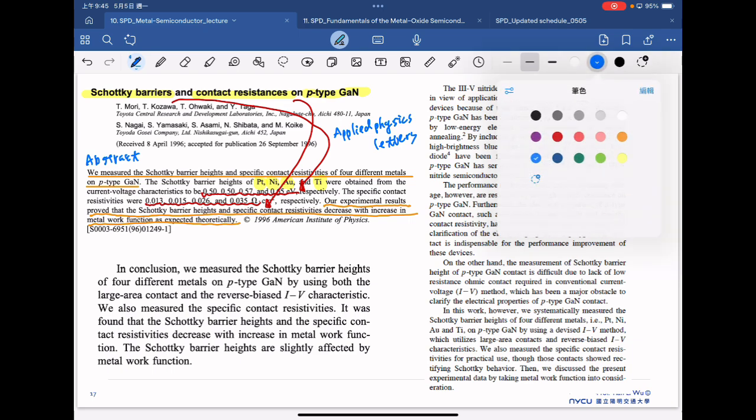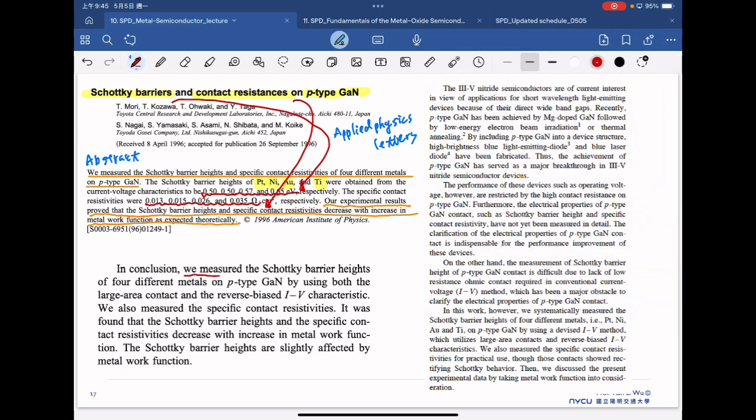In the conclusion, we measure Schottky barrier height of 4 different metals on P-type gallium nitride. This is exactly the same as the first sentence in the abstract. Of course, they provide some more detail, using both large area contact and reverse bias IV characteristics, and they also measure the specific contact resistance.